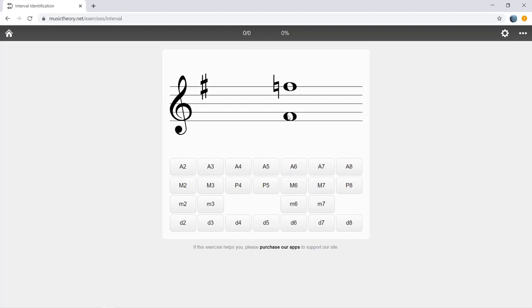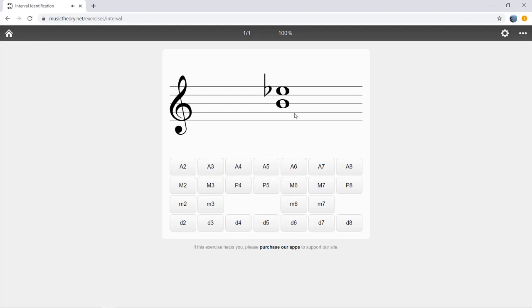And if you notice here, if I go from F sharp, because it's an F sharp in the key signature, up to F natural, then that's going to be less than an octave. So if we go, here's a regular octave, and here is less than an octave. So I'm going to click diminished eighth.